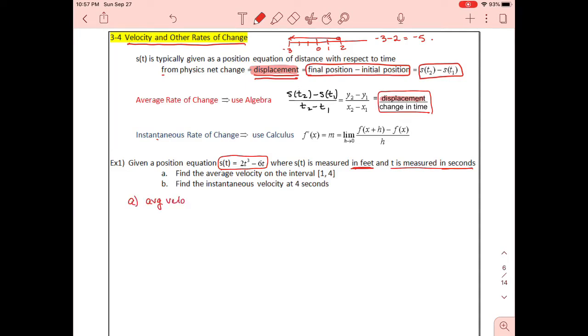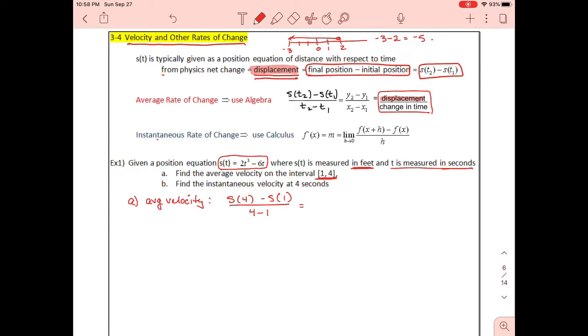Part A, we're asked to find the average velocity on the interval from 1 to 4 seconds. So we want to do s of 4 minus s of 1 all over 4 minus 1. s of 4, when you plug it in, you get 4 cubed, 64 times 2 is 128 minus 24.